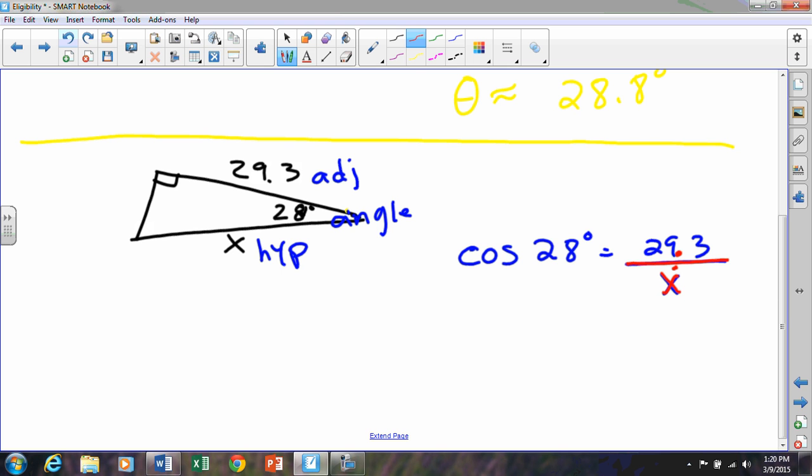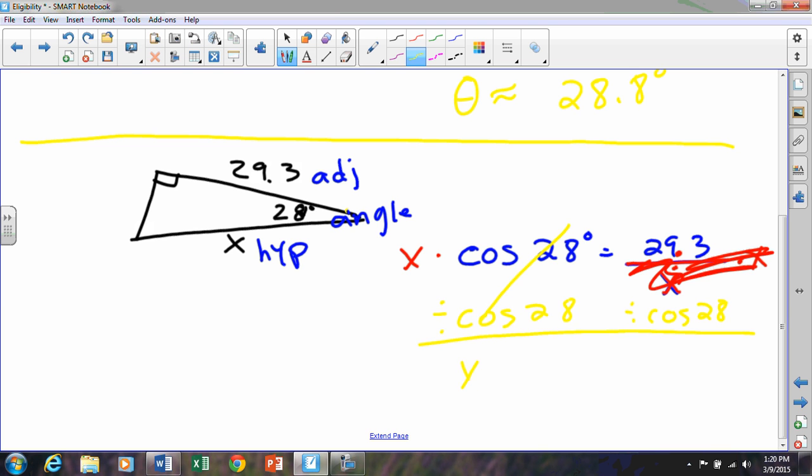The only way to get rid of the division is with multiplication, but it has to be multiplication by the x. So when those pieces cancel each other out, we're left with our next stage with dividing by cosine. And so at this stage, we get the correct answer, 29.3 divided by the cosine of 28 degrees.